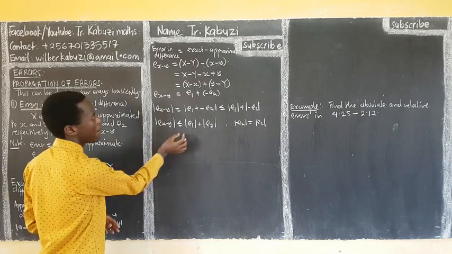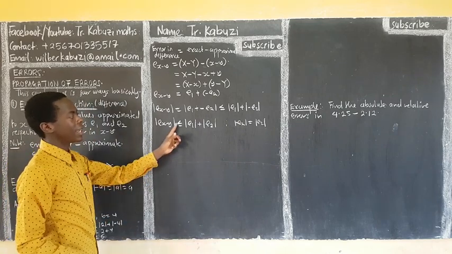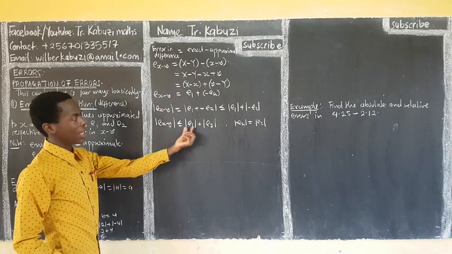Now, this means that the maximum error you can get in the difference is when the whole of this is equal to this.